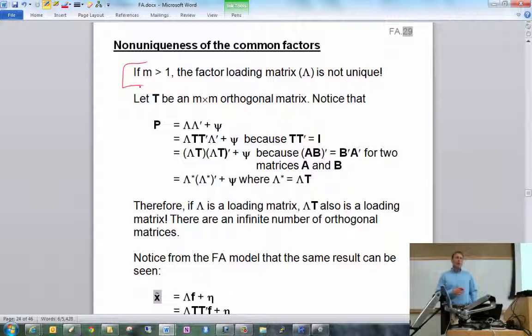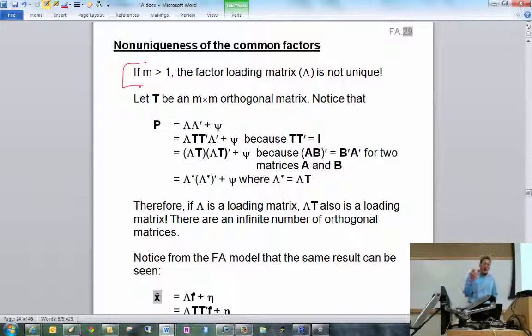What that means is I could use a different lambda matrix and have essentially the same model in the end, in terms of my factor analysis equations and what lambda times lambda prime plus psi actually ends up being. And remember how that is used when we determine what our maximum likelihood estimates are, for example.